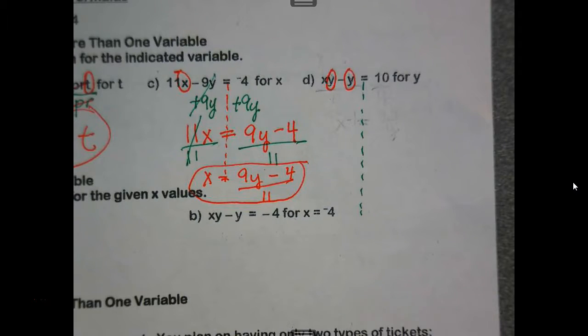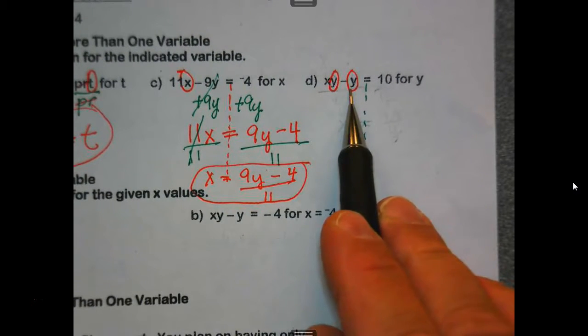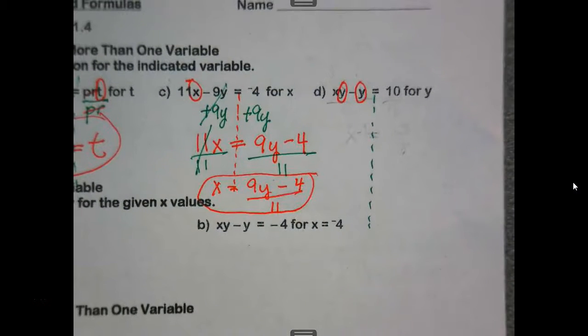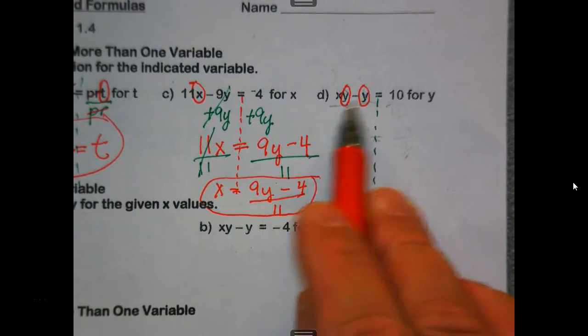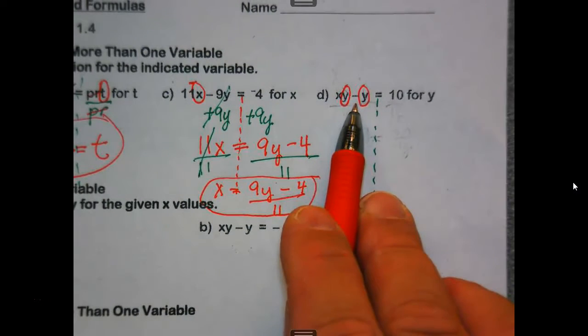Well, that'd be pretty messy because this becomes y over x. Remember, a term is separated by a plus or minus sign. That's why I have two terms here, because it's separated by a minus.